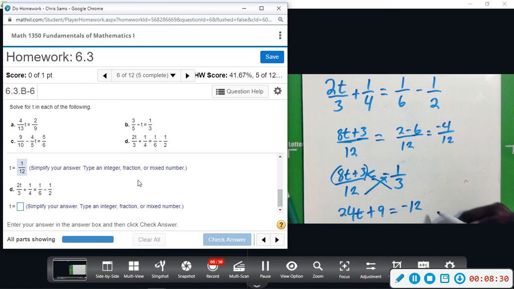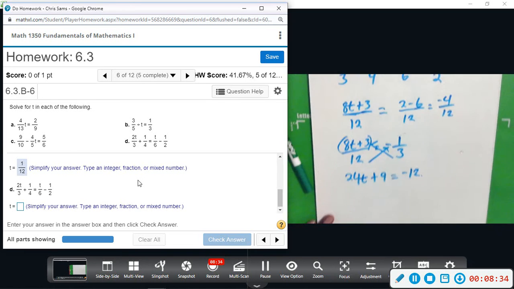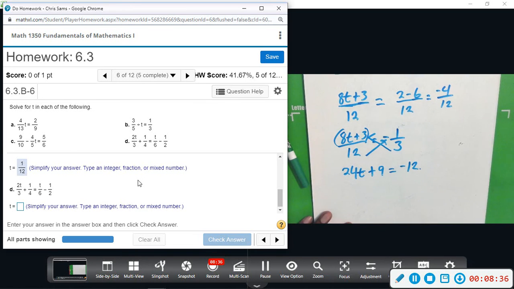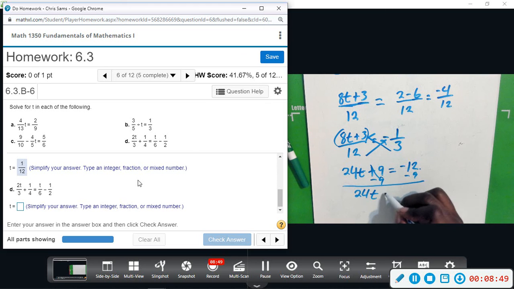And then from here we will subtract the 12, the 9, to get common terms together, leaving us with 24t equals negative 21.